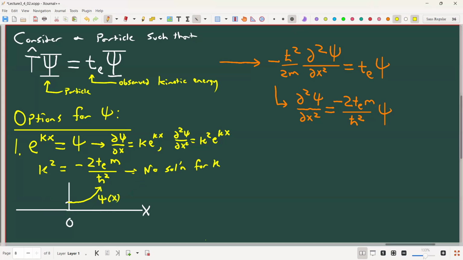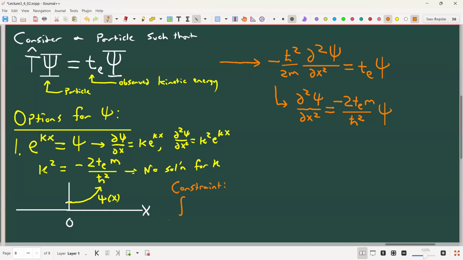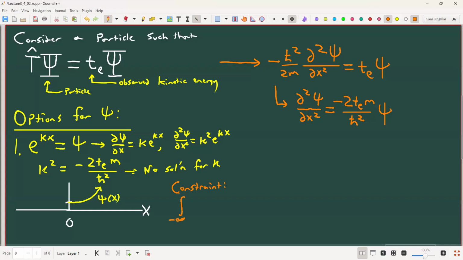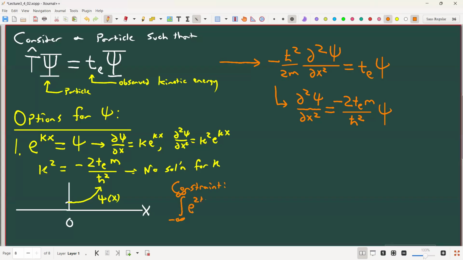And remember that we have a specific constraint for our wave function. The constraint is that the integral over the entire space of the box, which will be infinity to minus infinity, of our wave function squared, which is e to the 2kx dx.